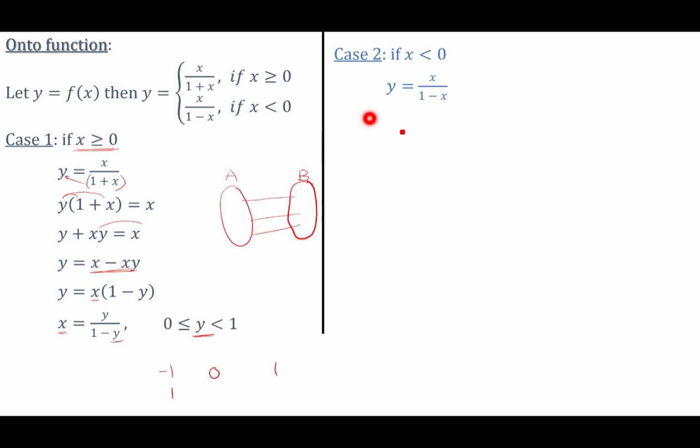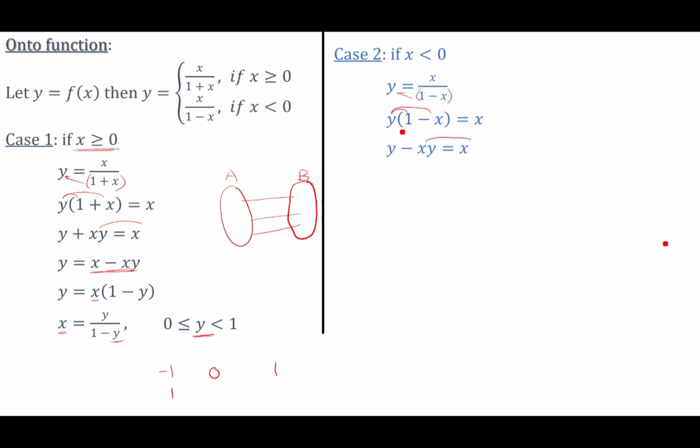So solve for x from this given function, y equals x over 1 minus x. The denominator part 1 minus x cross multiplied with y. So y times (1 minus x) is equal to x, and this y will multiply inside the parenthesis. So y minus xy equals x.